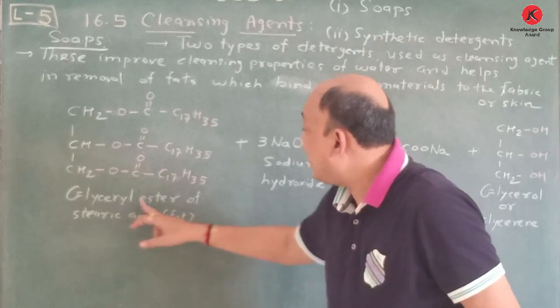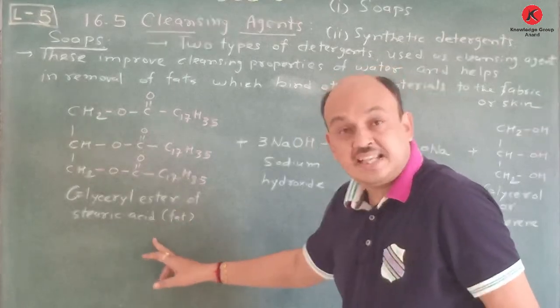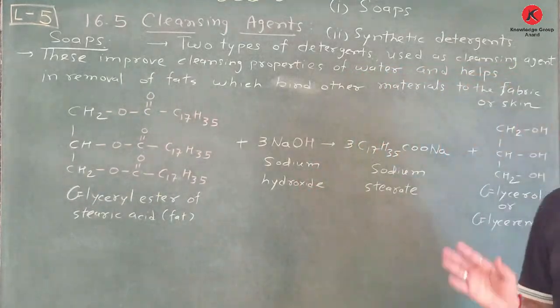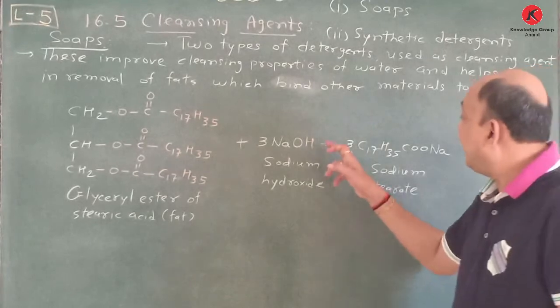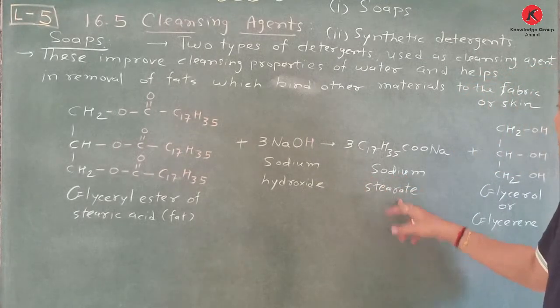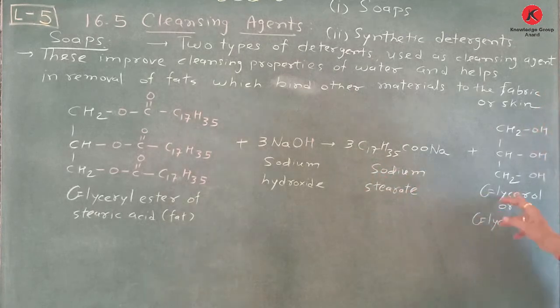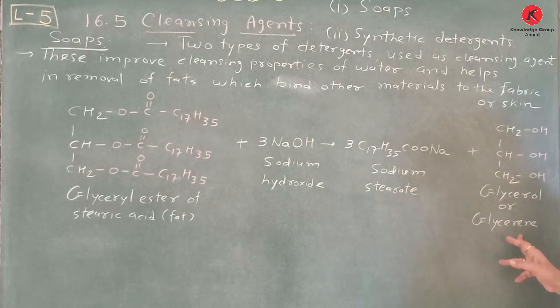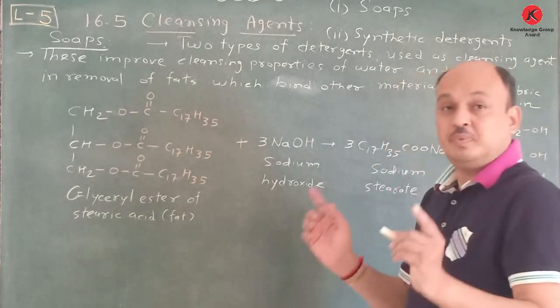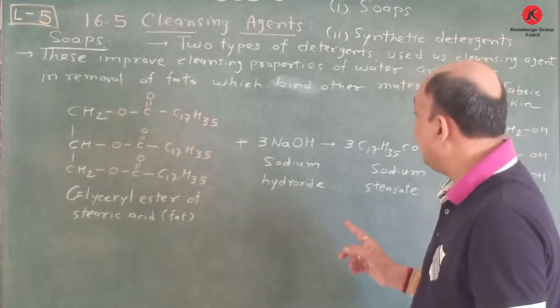Glycerine ester of stearic acid, which is called fat, when it reacts with 3 moles of sodium hydroxide and we heat, sodium stearate is obtained, 3 moles of sodium stearate, and glycerol or glycerine is obtained. It is very easy, just see at which particular bond is broken.